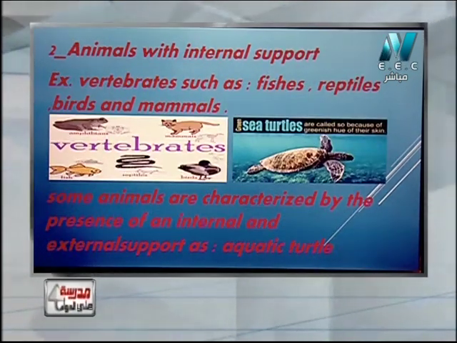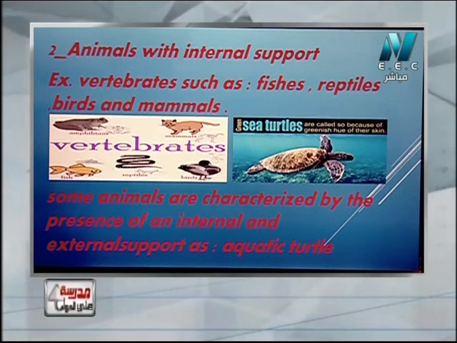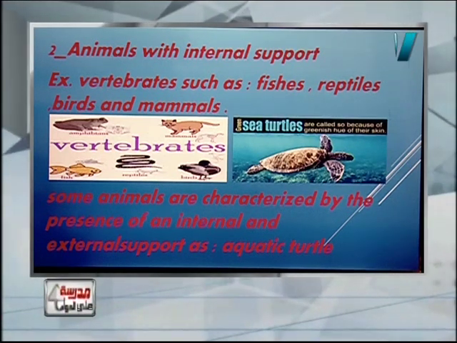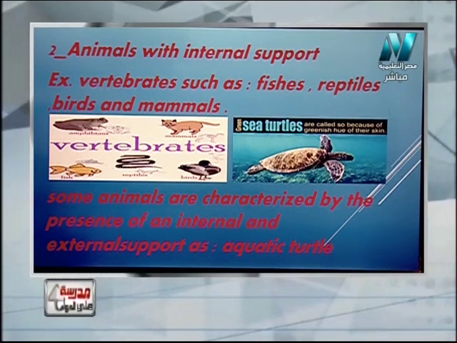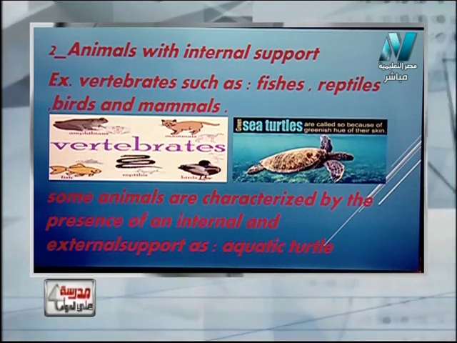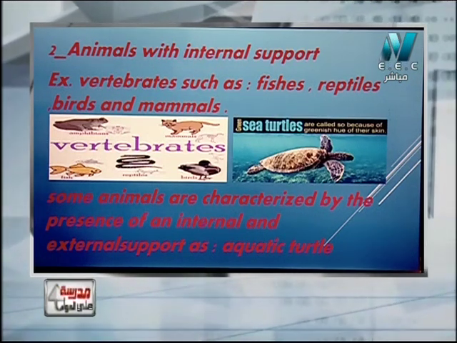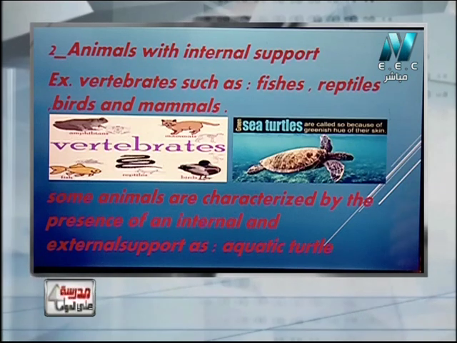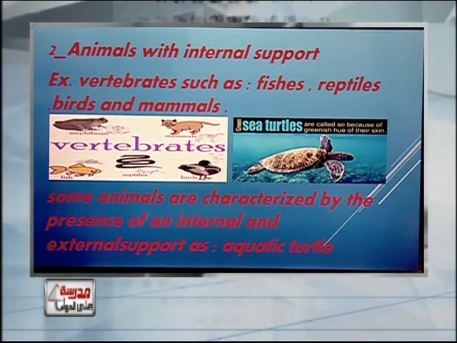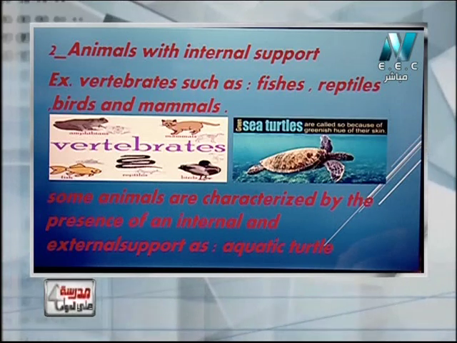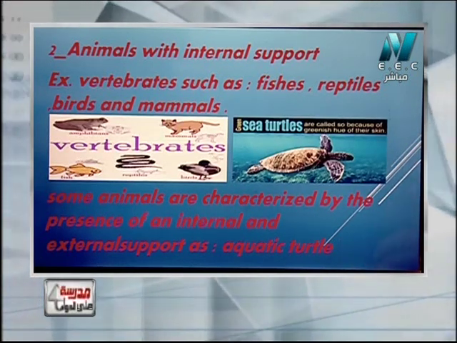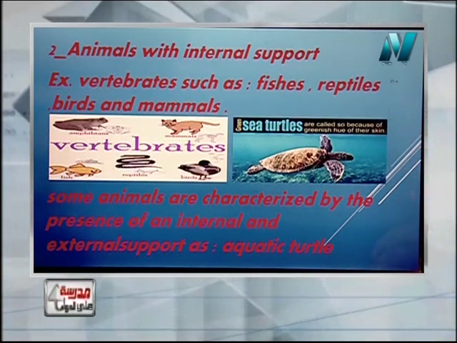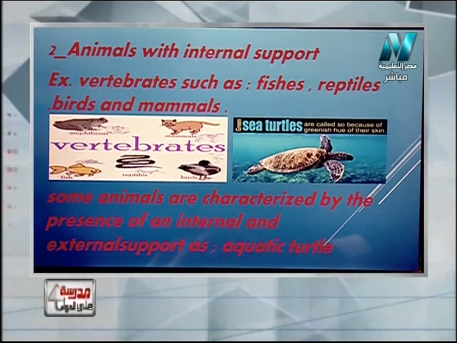Number 2, animals with internal support, their bones inside, like vertebrates such as fishes, reptiles, birds, mammals, and even human. Human has bones, vertebral column. He has bones inside his body. Some animals are characterized by presence of internal and external support together, as aquatic turtle, as you see, my dear student.